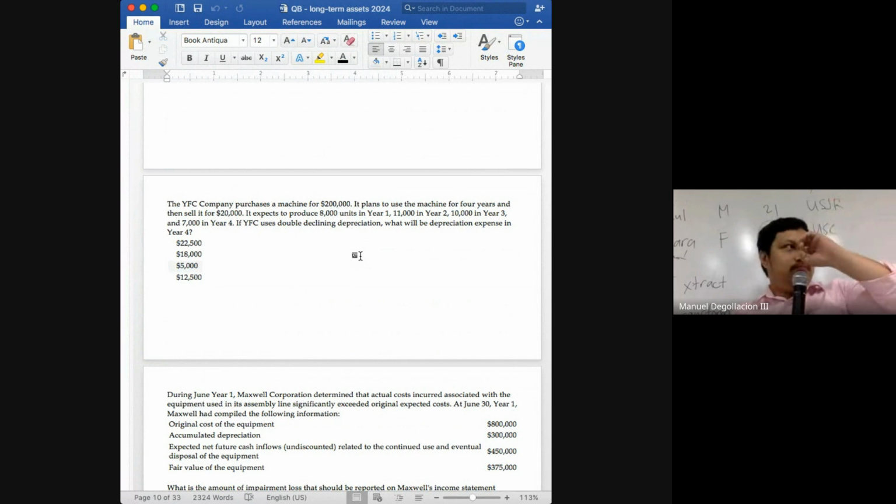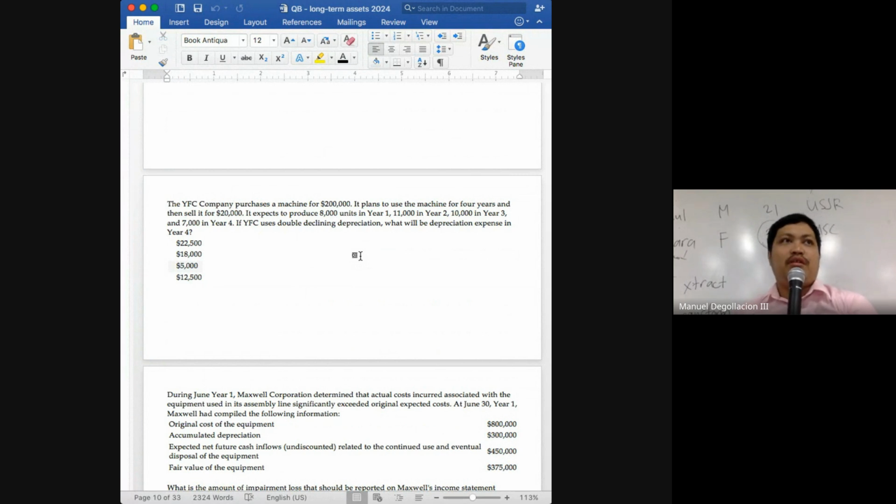Under the double declining balance, you will ignore salvage value in computing for your depreciation expense. Okay? So this is unique compared to the others wherein we will be ignoring the residual value. So for year 1, immediately multiply 50% by 200,000.